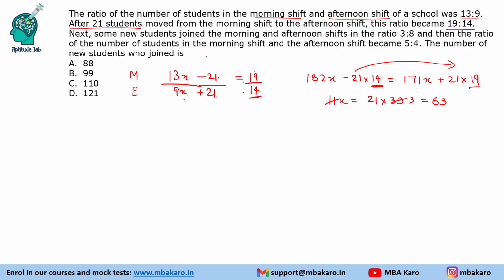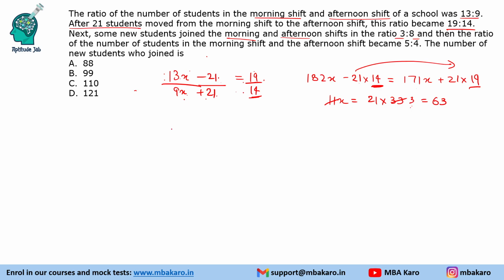the exam. Actually, this question should have been skipped because it does not end over here, because we need to add a few more things. It says some new students join the morning and afternoon shifts in the ratio 3:8. Then the ratio of the number of students in the morning shift and the afternoon shift becomes 5:4. So now, 63 is the value of x, right?